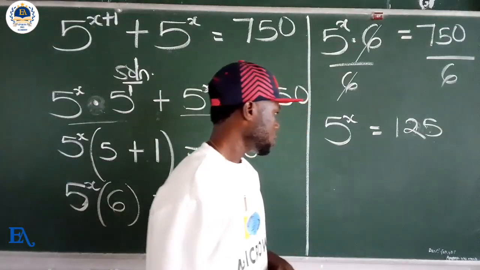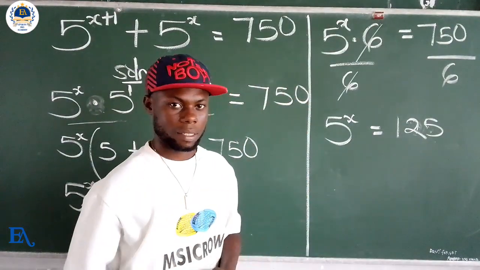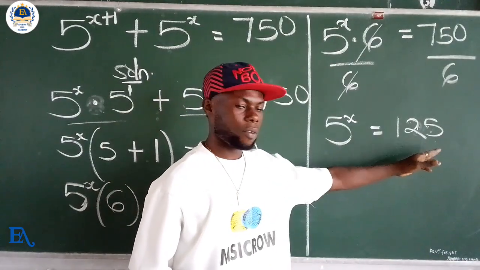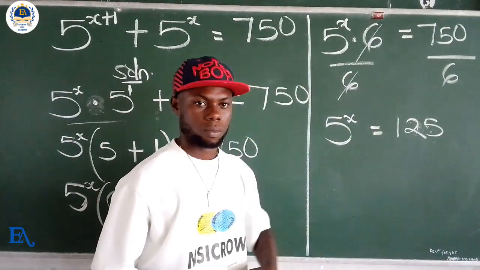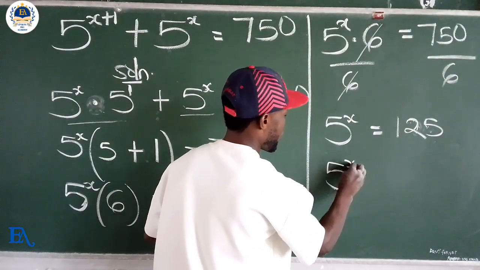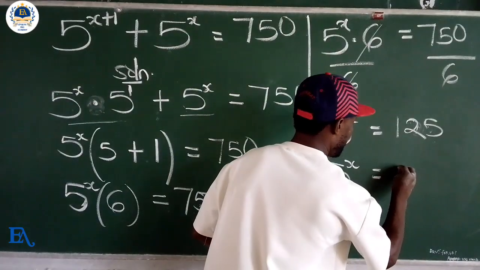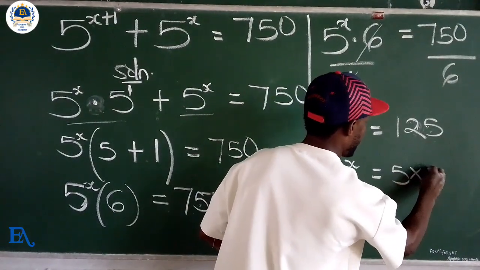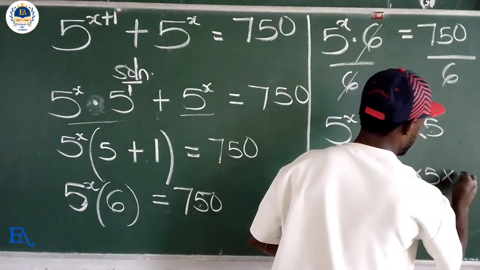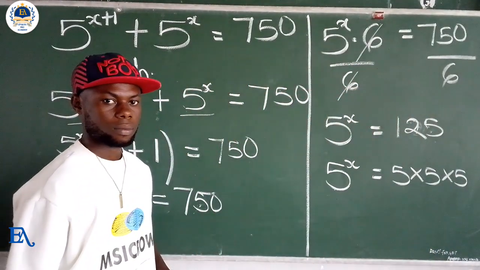That means for the left hand side and the right hand side to look alike, we have to also write 125 in its power form. So this is 5 raised to the power of x is equal to 5 times 5 is 25, and 25 times 5 is 125.